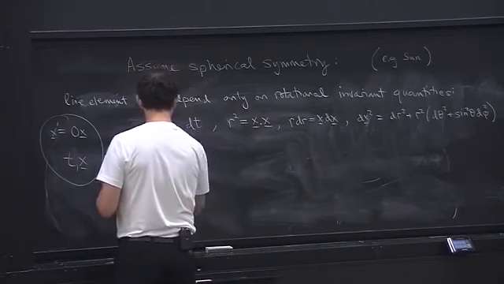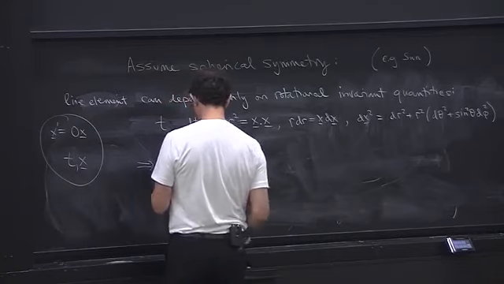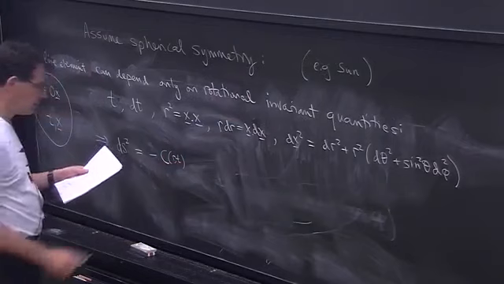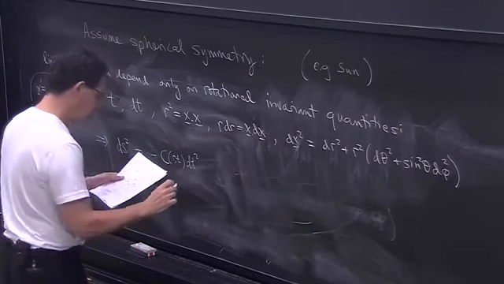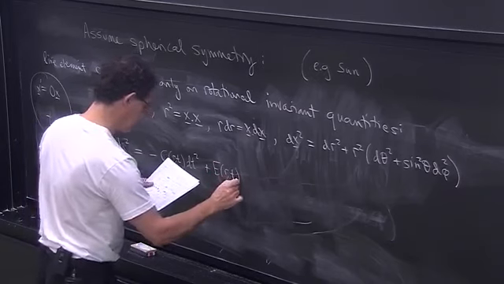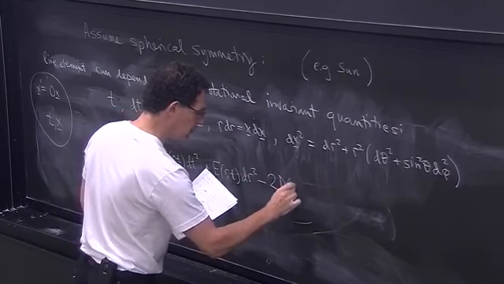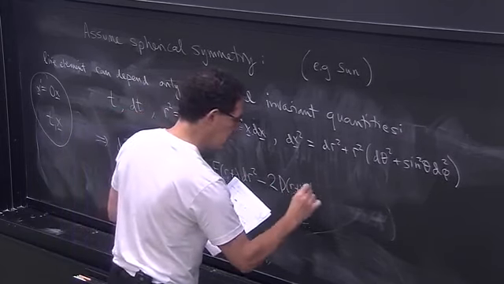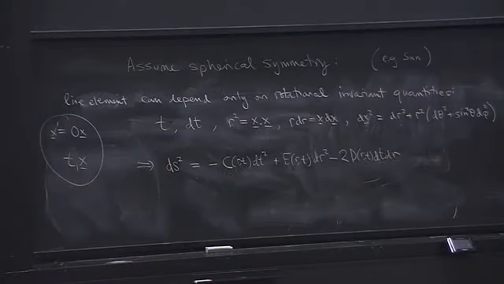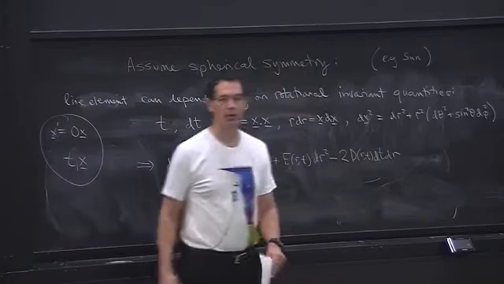And so we can write down straight away that the line element is minus c of r and t, an arbitrary function, dt squared plus e of r and t dr squared minus 2d of r and t dt dr. Okay, so this part of the metric, the time involving dt and dr, has all components.